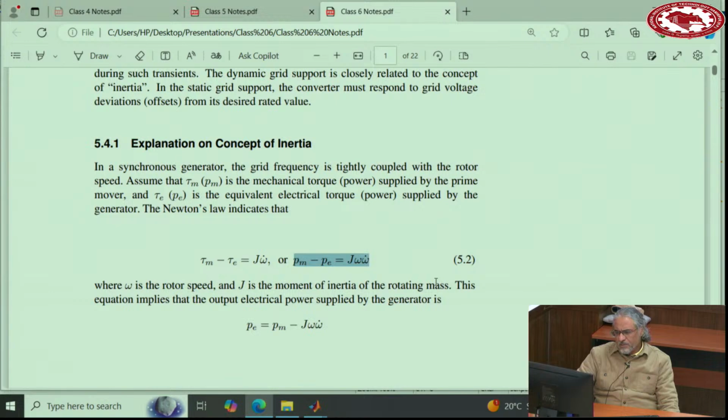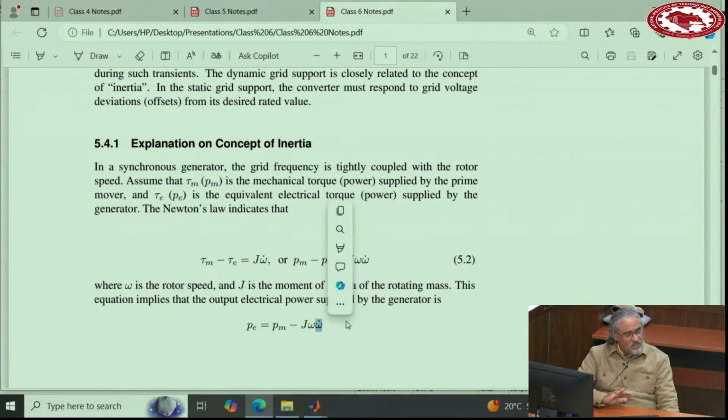If you really examine this equation more carefully, you see that it means PE equals PM minus J omega omega dot. In other words, the output power of the machine is not equal to the input power. There is another component that comes when the machine is speeding up or slowing down.